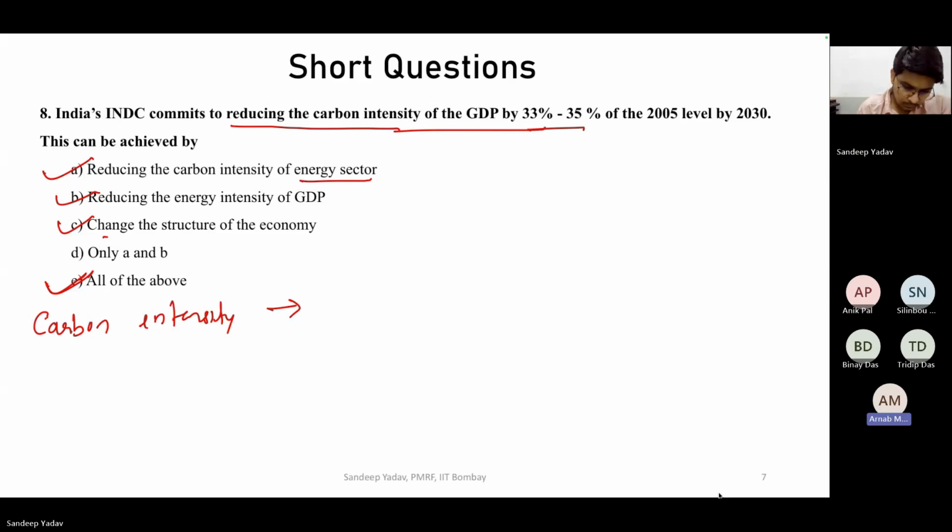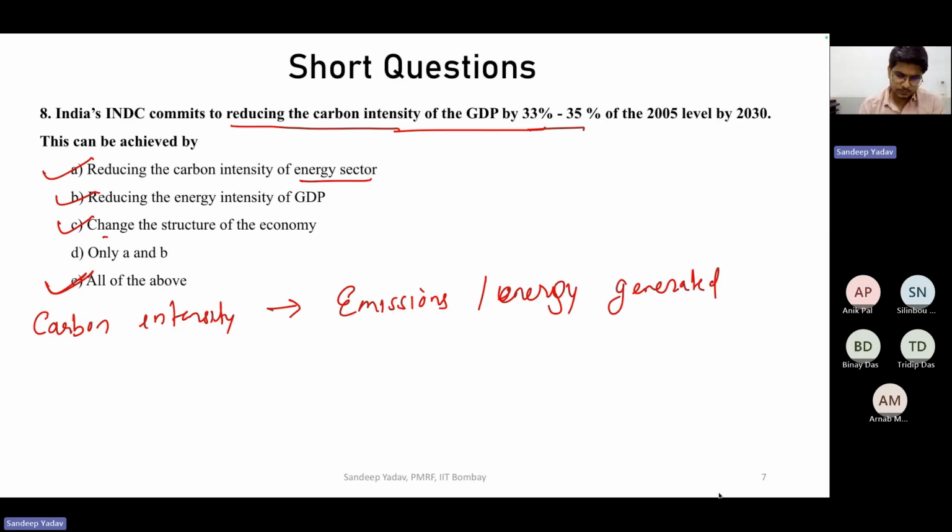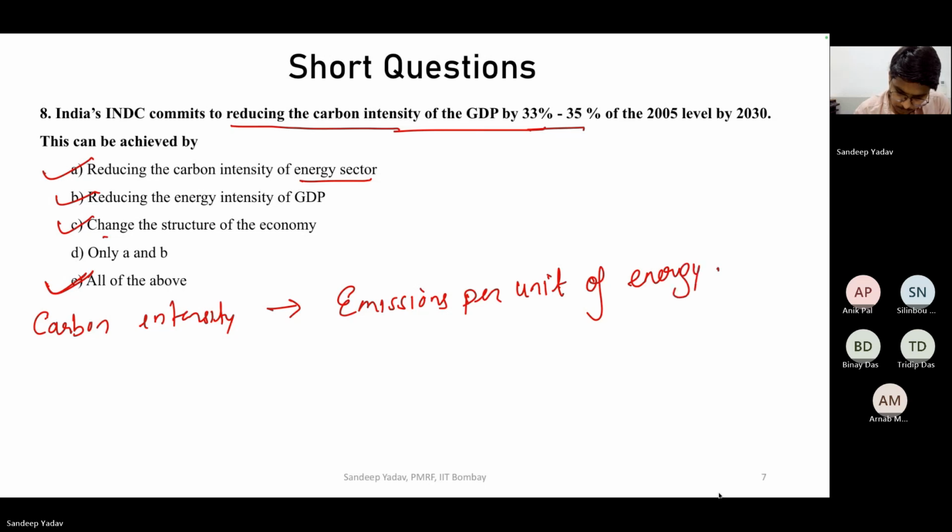Okay. So carbon intensity refers to the emissions per unit of energy generated.